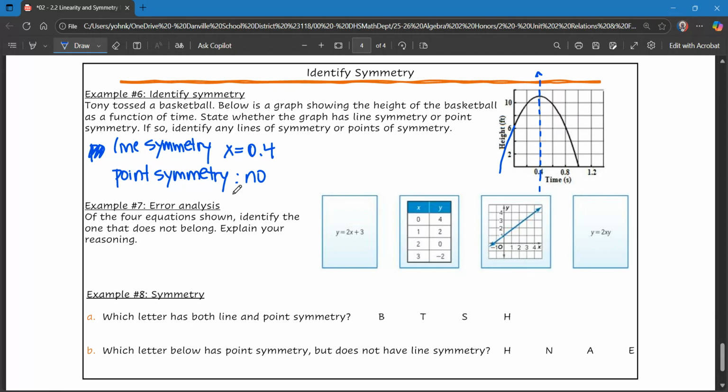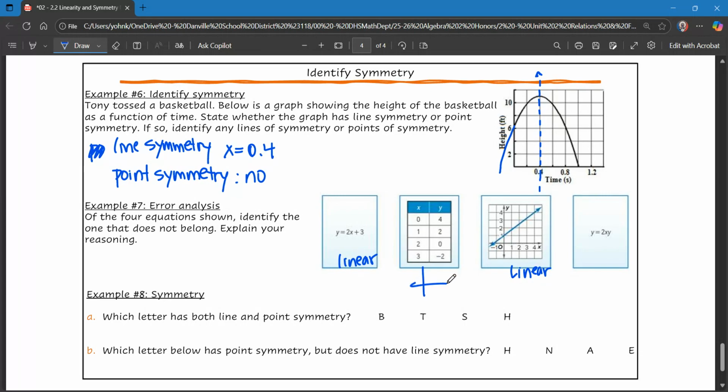Okay, example number 7. Of the 4 equations shown, identify the one that does not belong. Explain your reasoning. Okay, well, if I take a look at these, first thing I notice is this is a straight line, so this one's linear. And then if I look at this first one, this one's also linear. It's in y equals mx plus b.